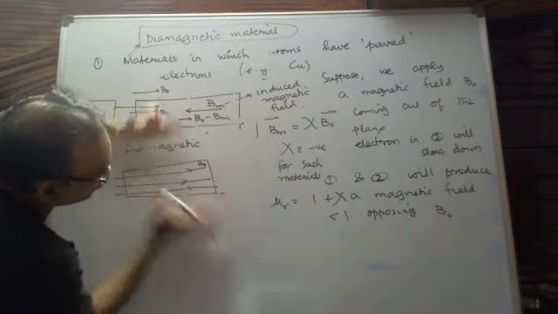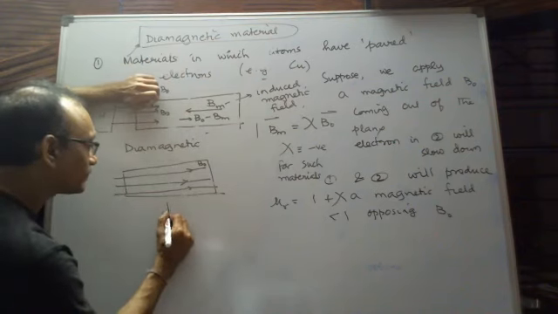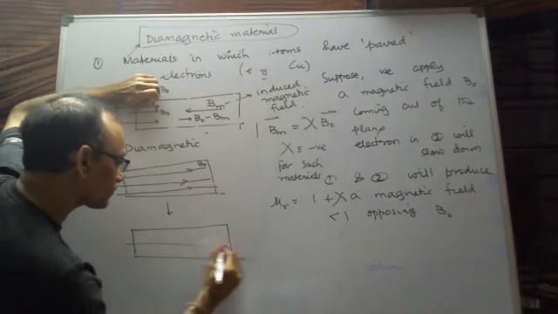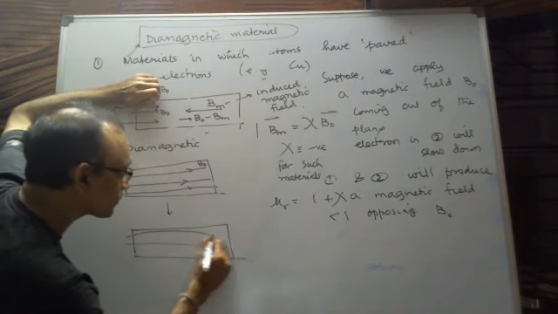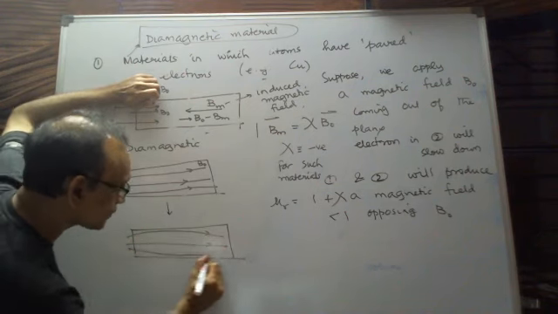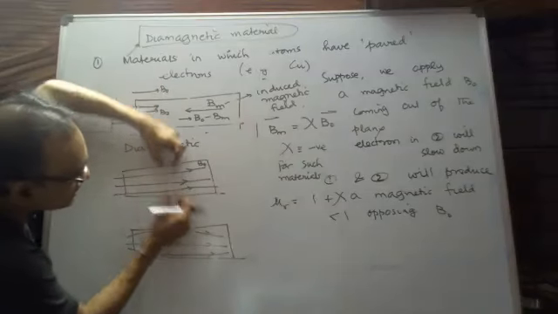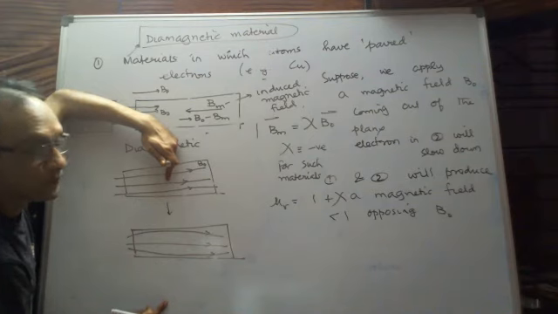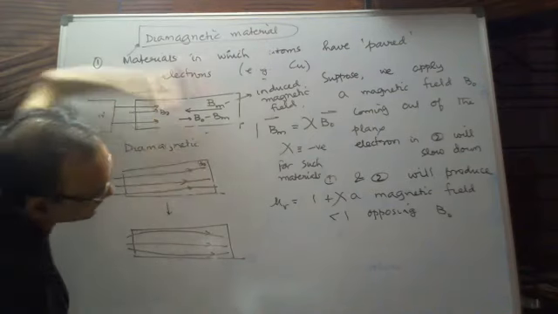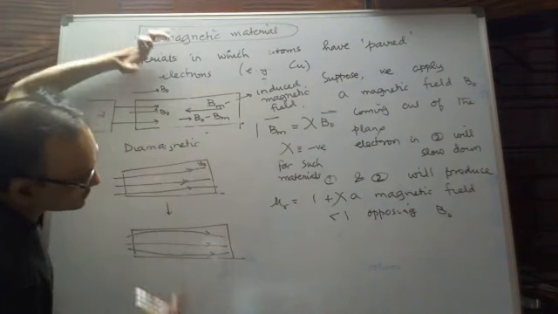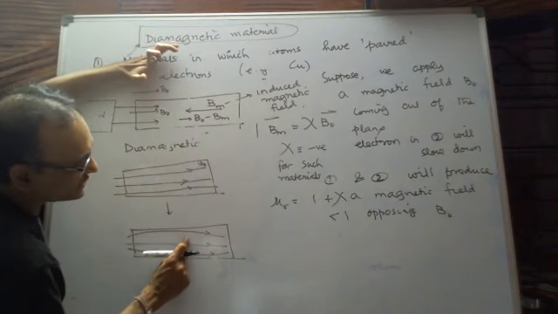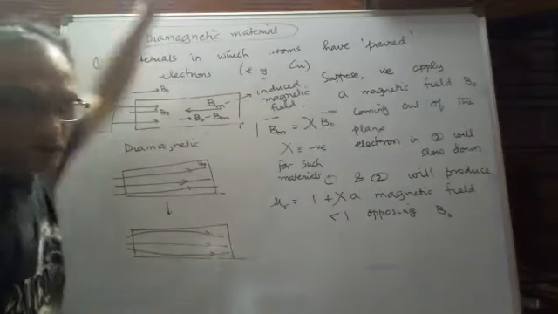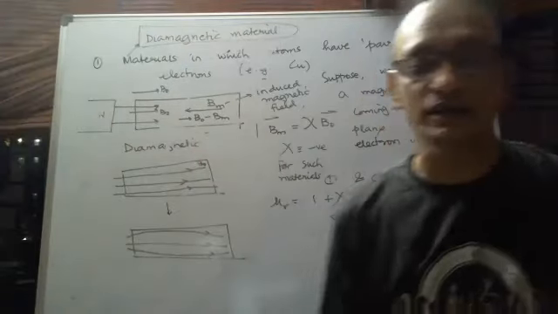These magnetic lines of force will repel each other, ये ऐसा हो जाएगा. ये सेपरेशन बढ़ जाएगा so that the magnetic field is less than B naught. I hope you realize these magnetic lines of force are repelling each other, so that density of lines of force will decrease and will become less than B naught. ठीक है? What happens in diamagnetic materials?